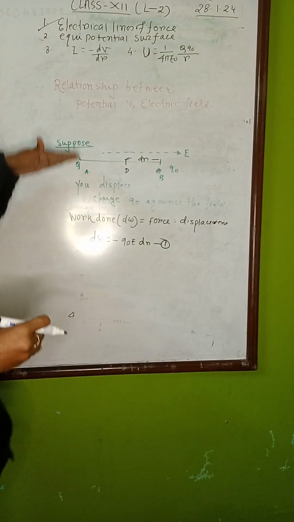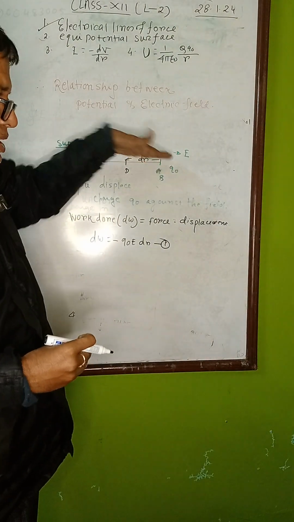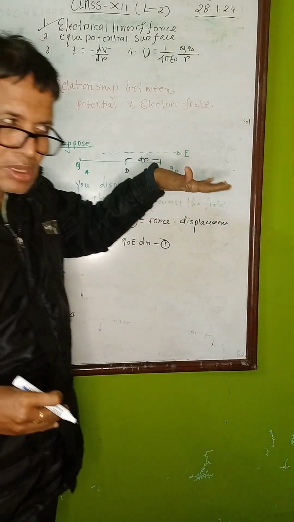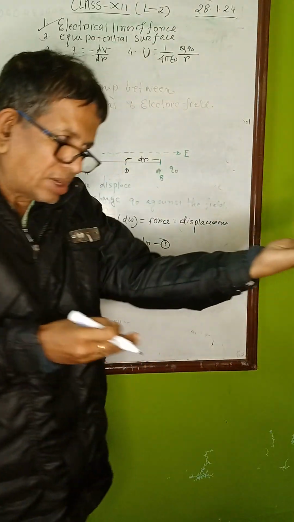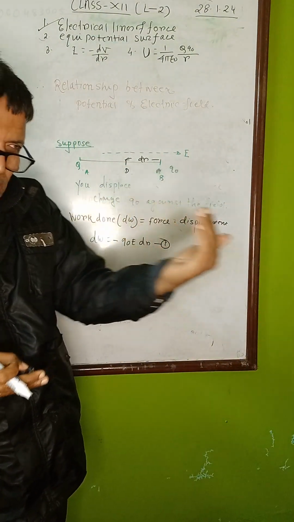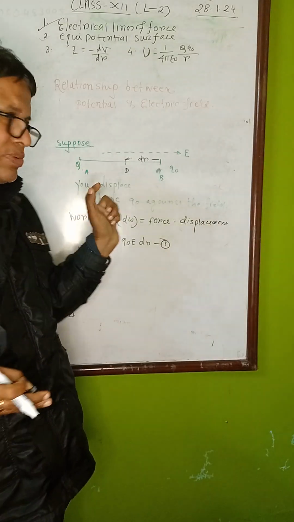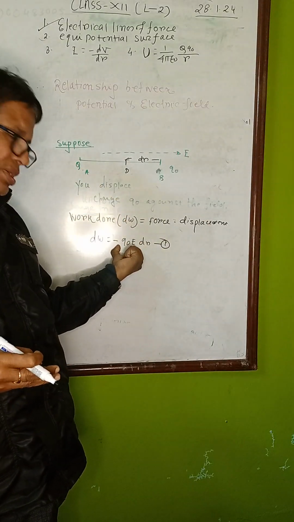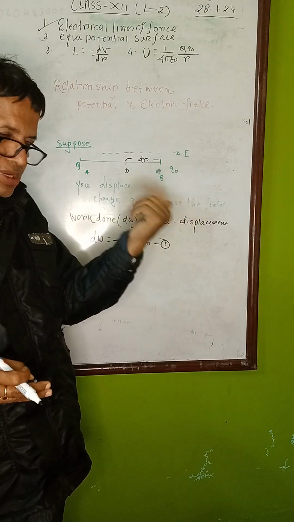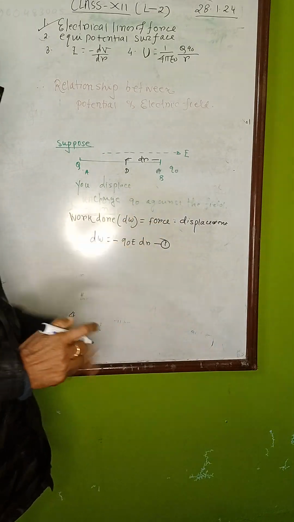Equation number 1. Because in this direction is the electric field, and you are displacing the charge against the field, so negative work is done. So Q0 E is the force and dr is the displacement. So this is the work done.